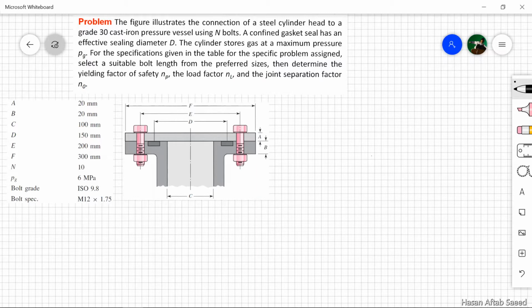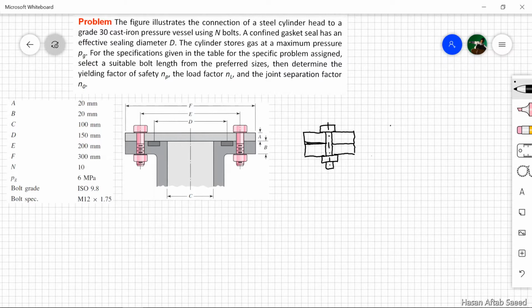Now, to make it easier for ourselves, let's draw the relevant part here. There's a bolt head, there's a bolt, and then you have this nut here, and a part of the bolt will come out, and then you have two plates that are, for our case, equal in thickness, and then the rest of it.